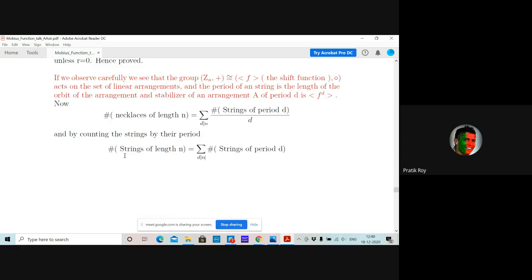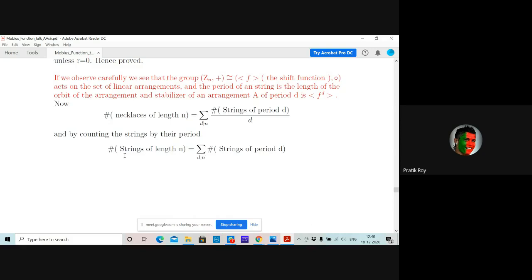So the summation over D dividing n of the number of strings of period D gives us the total number of strings of length n. This is pretty much obvious because we take the set of all strings of length n and impose a partition on it. What is the partition?